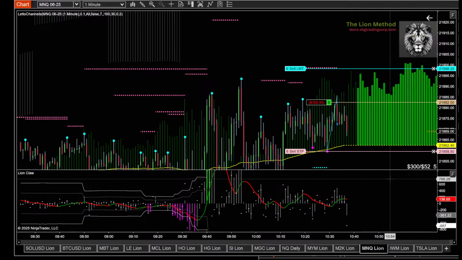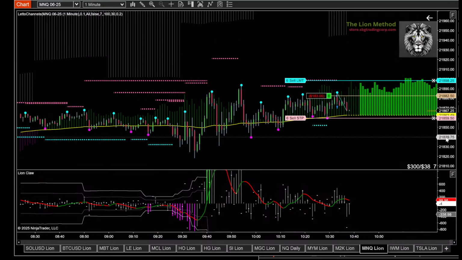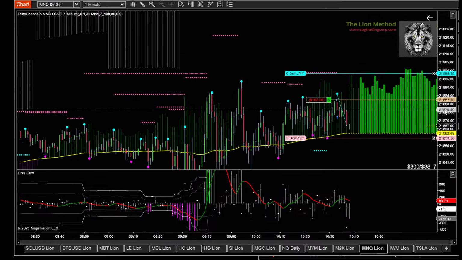Yeah, NASDAQ. Market is directionless. So this is the problem with trend trades, that you're trading in that no man's land. Very, very bad area to trade.